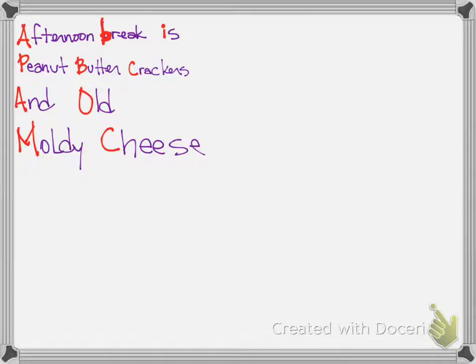For peanut butter crackers, the P and the B is perpendicular bisector, and the perpendicular bisectors meet at the circumcenter. The A from and, and old, is the altitudes, and O for old is the orthocenter. And then for moldy cheese, we have the medians and the centroids.